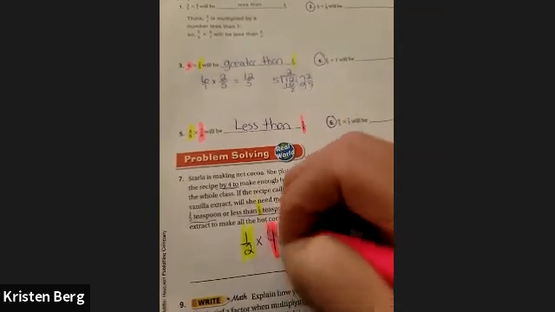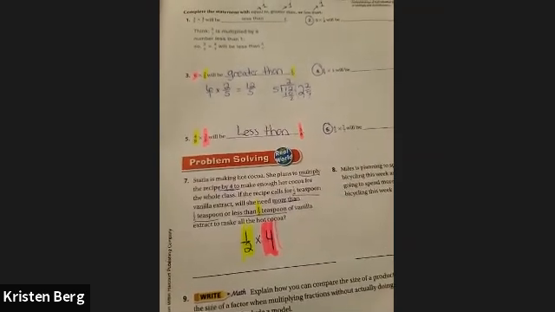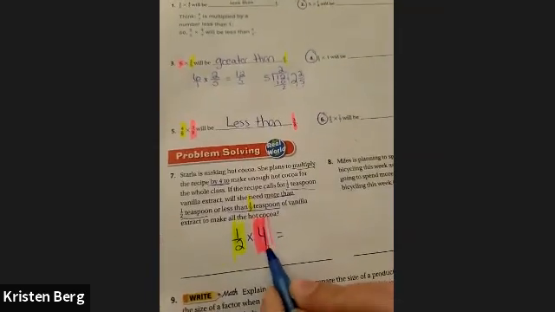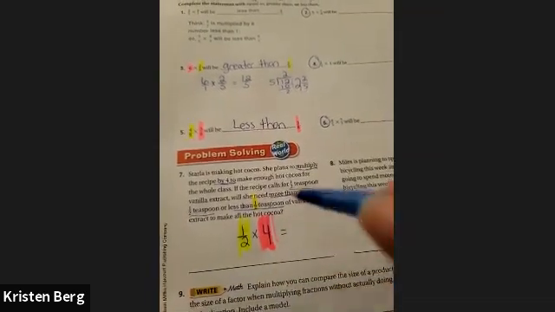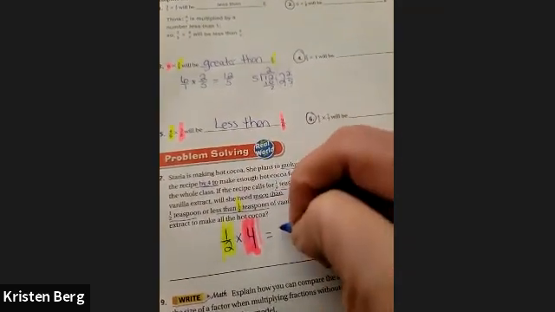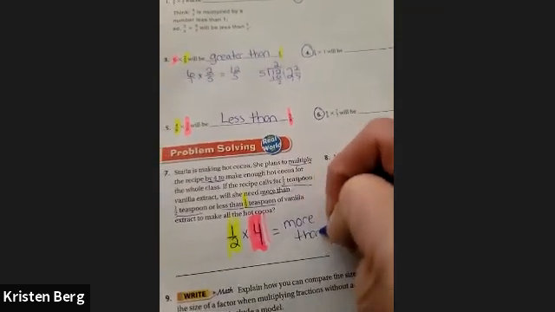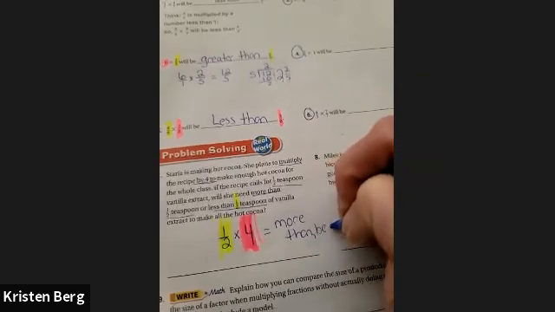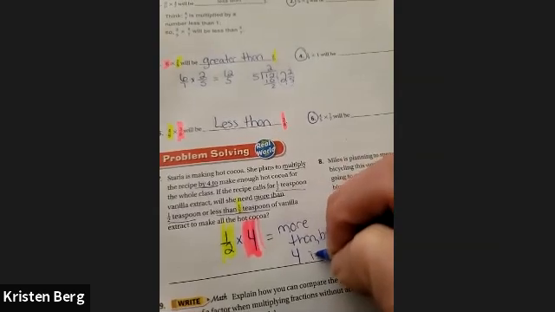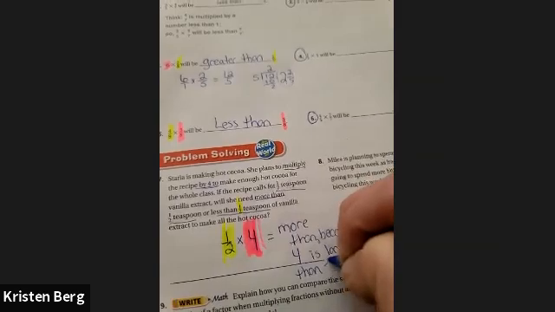In this case, the number is 4, and 4 is larger than 1. So therefore, if I'm multiplying by something that is larger than 1 whole, what's going to happen? It is going to be larger than my 1/2. So therefore, it should be more than, because 4 is larger than 1 whole.